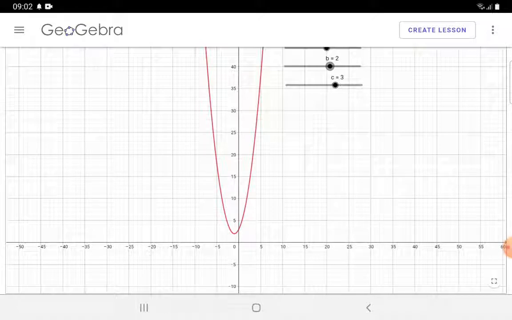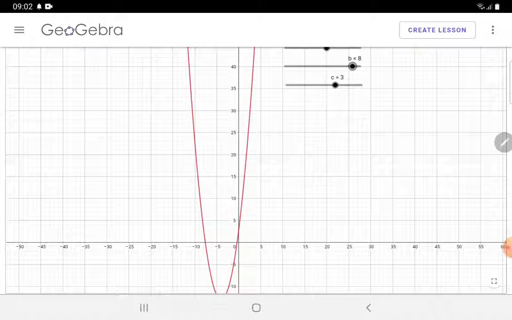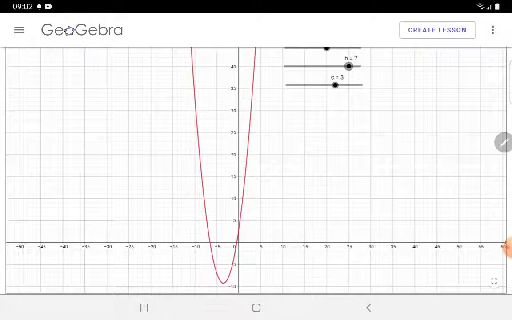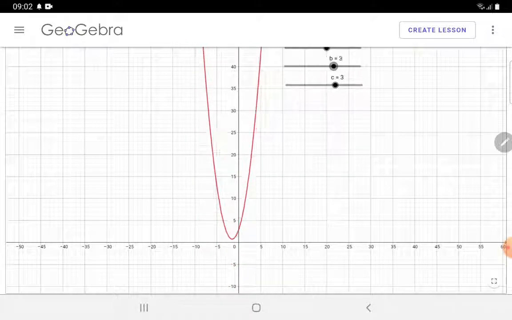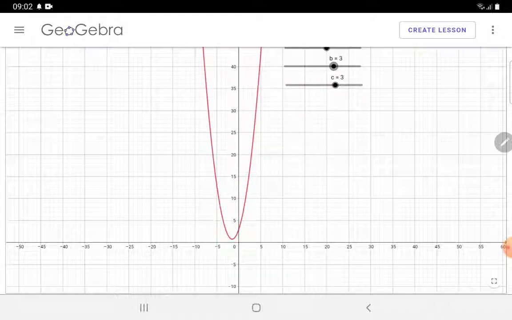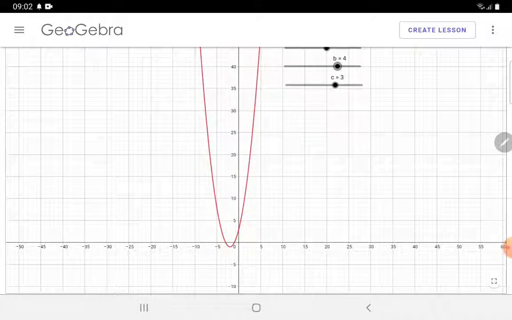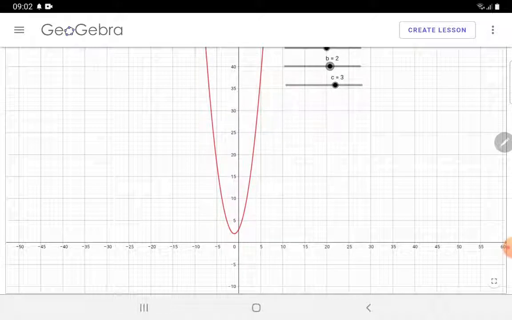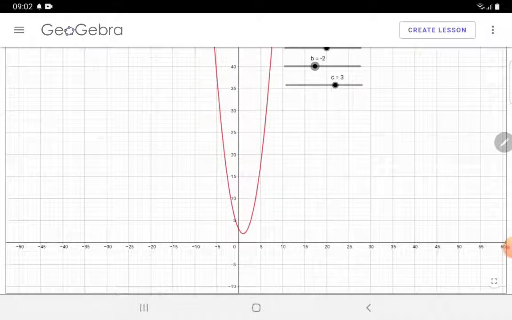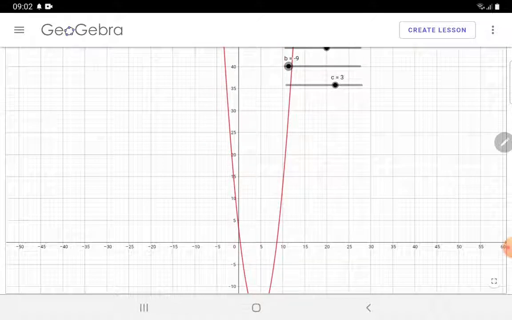However, when we change b, the graph doesn't change size, but the graph moves. Where? When b is more than 2, the graph moves to the left. How about when b is less than 2? See the movement? The graph moves to the right.